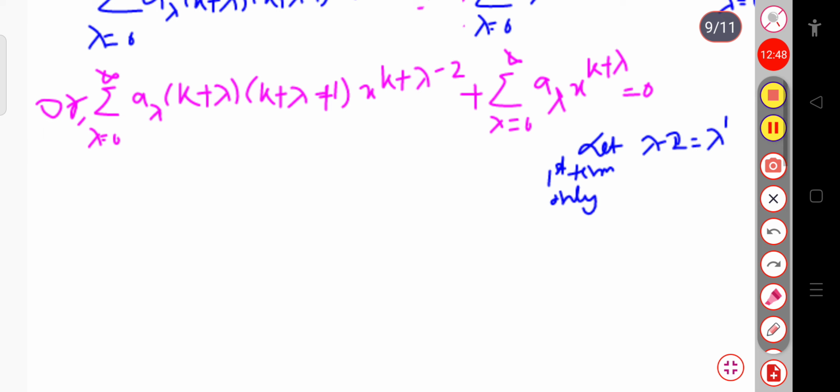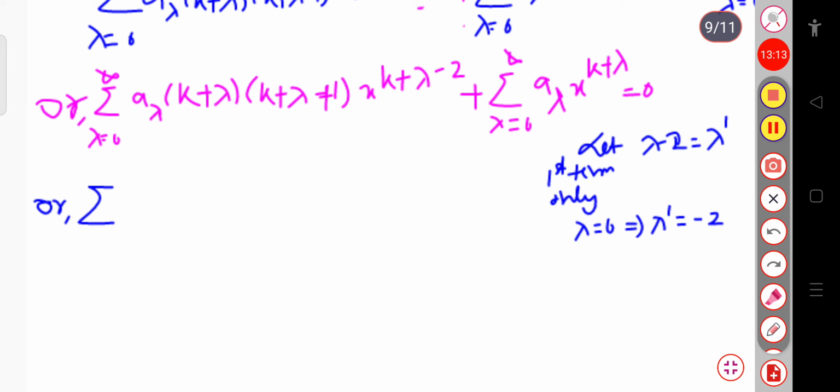The summation limits change: when lambda equal to 0, lambda prime will be equal to minus 2, and when lambda equal to infinite, that will be infinite minus 2, the same, that is infinite.